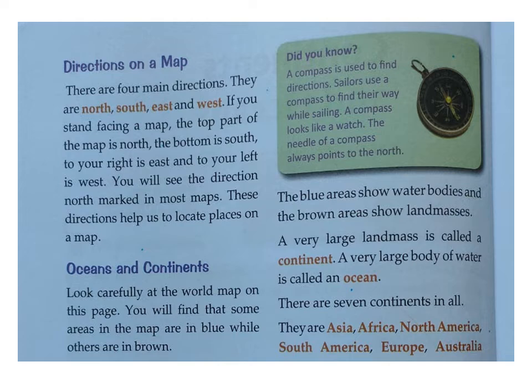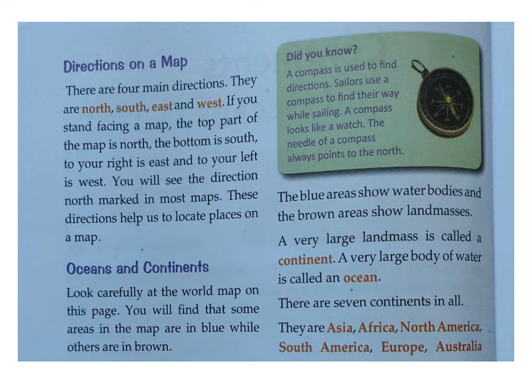At that time, how did they find the direction? In the daytime they could use the sun: where it rises will be the east, where it sets is called the west, and after that they find the north and south. Another way, at night, with the help of the pole star and other constellations, they found the directions.